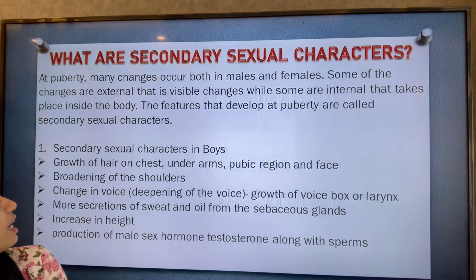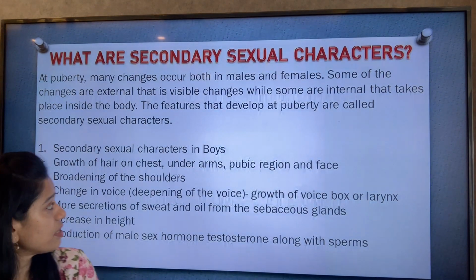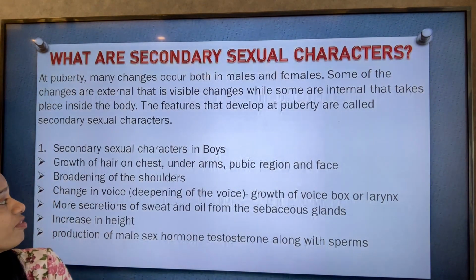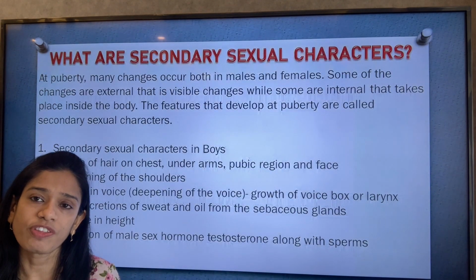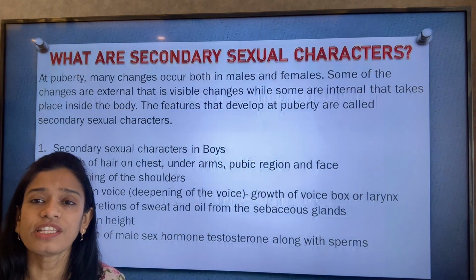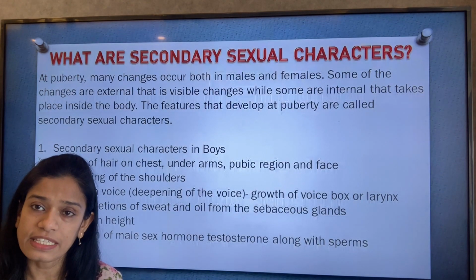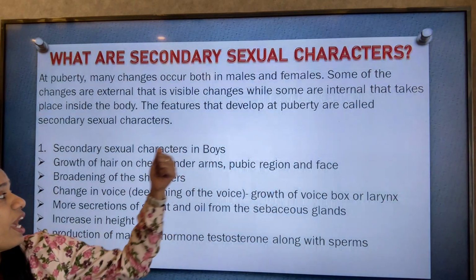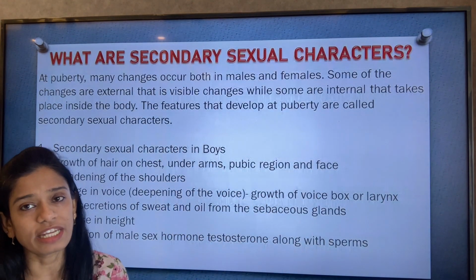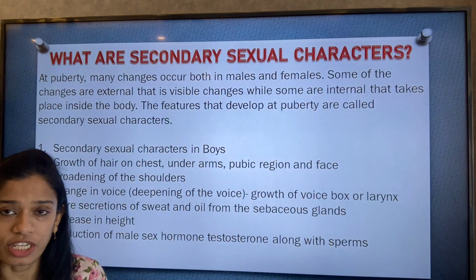Now let's see what secondary sexual character changes happen in boys. First, growth of hair on the chest, underarms and the pubic region, along with the face. There is the broadening of the shoulders, as I told you.